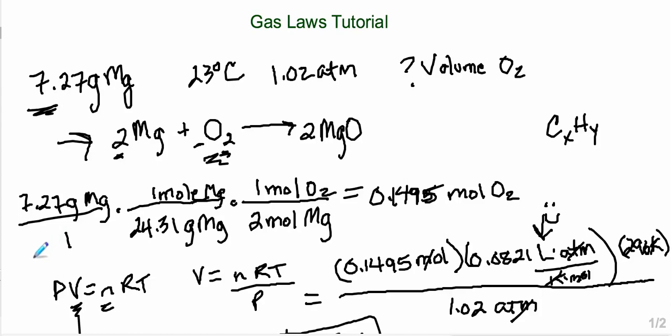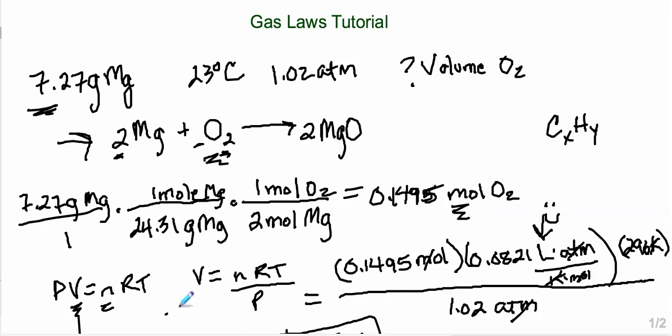Since I'm looking for volume of oxygen, and it is the gas I'm talking about, I know that the number I will need is going to be moles and not grams, because moles will fit into PV equals nRT.